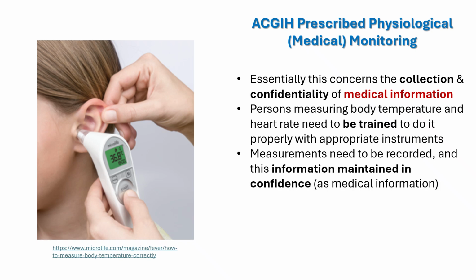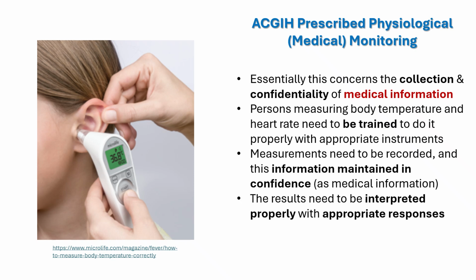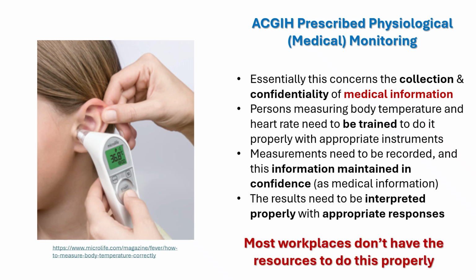Measurements need to be recorded, and this information should be maintained in confidence, as medical information should. The results also need to be interpreted properly with appropriate responses. Most workplaces don't have the resources to do this properly.